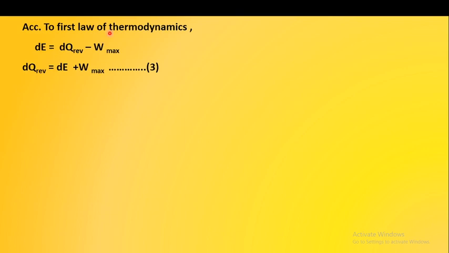According to the first law of thermodynamics, dE is equal to dq reversible minus W maximum. Therefore dq reversible is equal to dE plus W maximum.